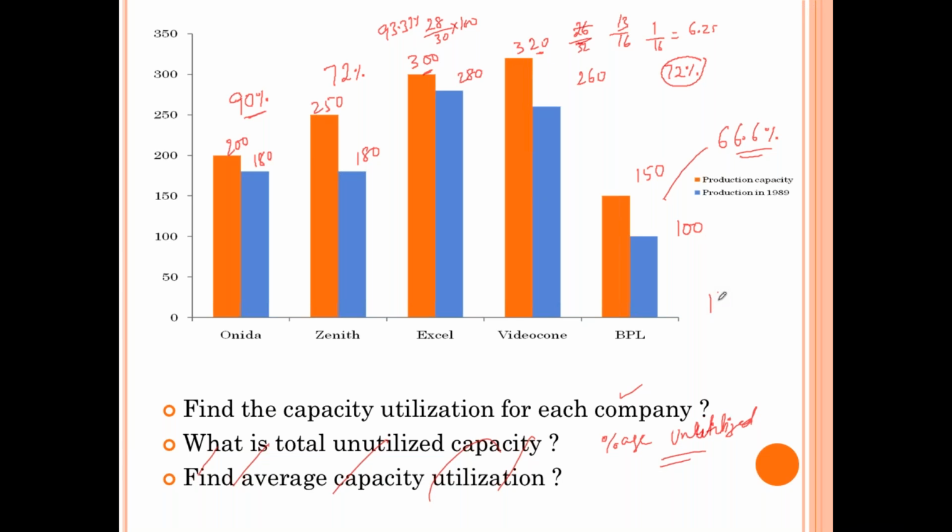So I think 1120 is the total. If we take the gap, which is unutilized, it is 20 here, 70 here, it is 90, then 20 here, 110, and 60 here, 170, 50 here, 220. So this is 220 upon this total, which is approximately 20%. So unutilized capacity is 20%.